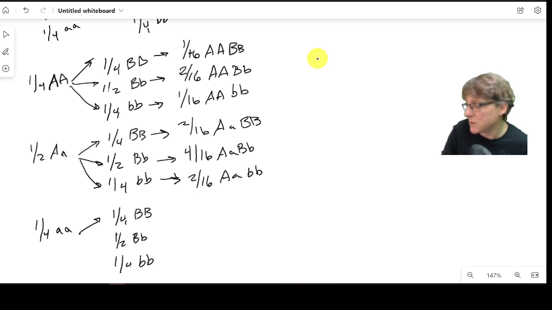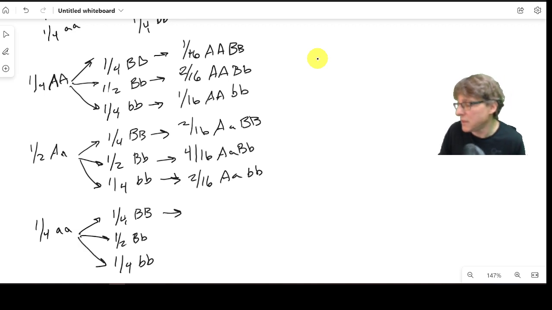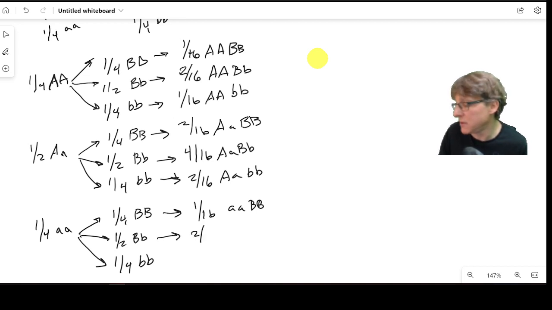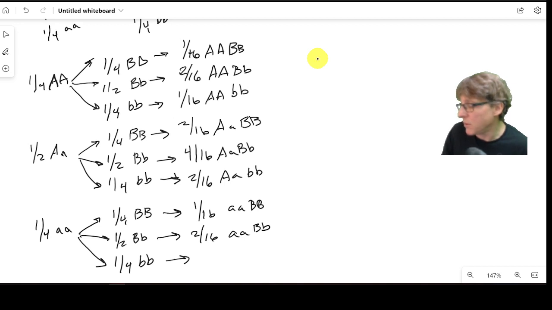And so this is 1/16 will be little a, big B. We will have 1/4 times 1/2, which is 1/8, the same as 2/16. We're going to be little a, big B, little b. And then 1/16 is going to be little a, little b.